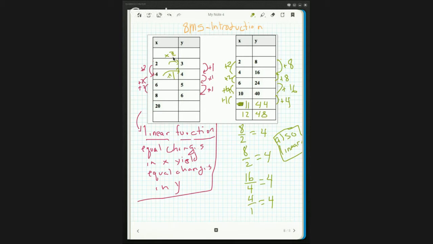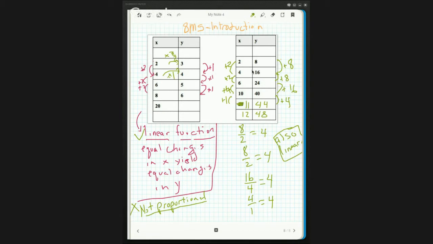And from 6 to 5 is 6/5, and 8 to 6 is times 8/6 or 4/3. And so this constant changes. So this relationship over here is not proportional. It is linear, but it is not proportional.